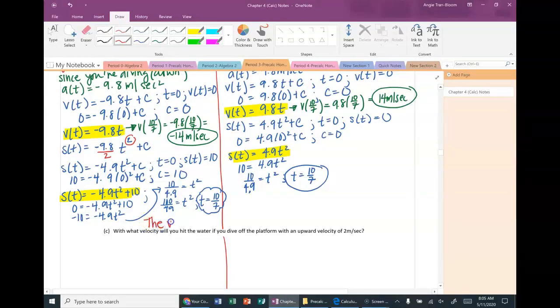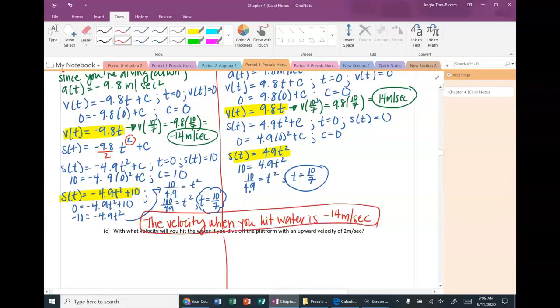So the velocity when you hit water is negative 14 meters per second if you're using negative.